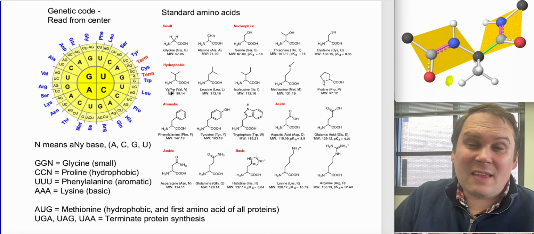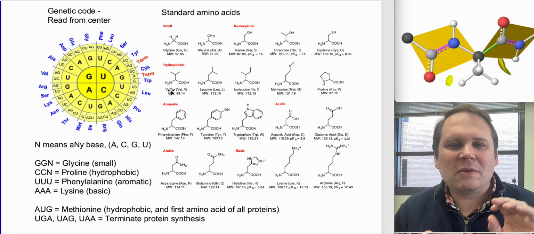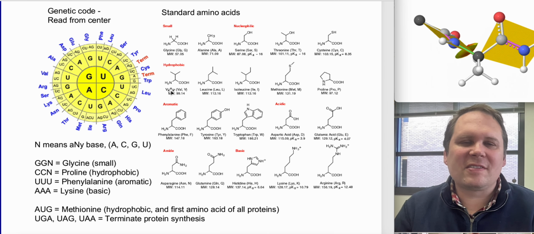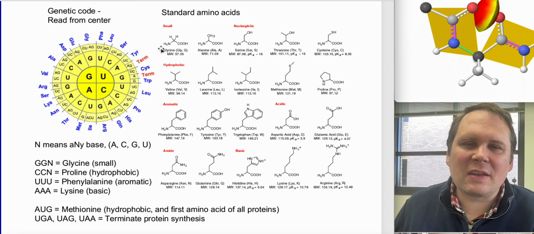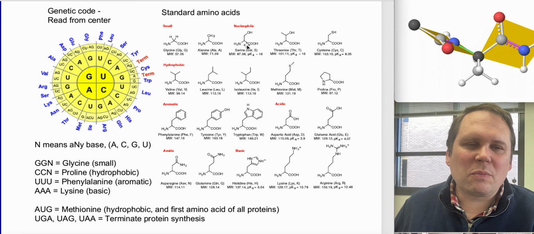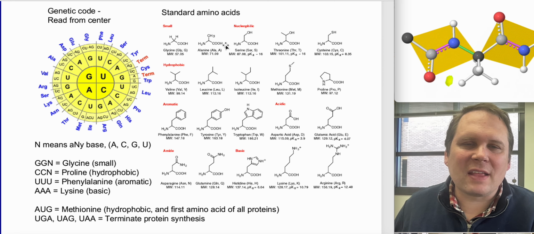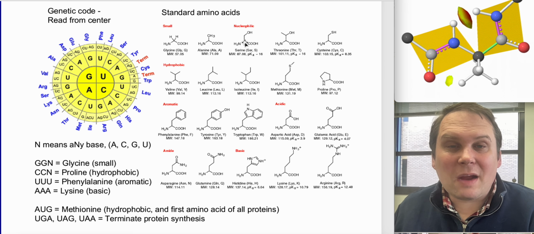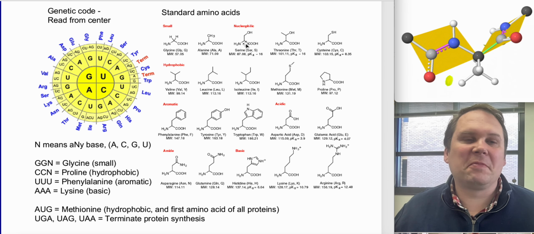So valine, and we're categorizing them, so all amino acids have the same backbone, but they have different side chains. The backbone is shown down here at the bottom. It's got a nitrogen at one end and a carboxyl at the other end, so it's got an amine end and a carboxyl end. In the middle, it has a carbon that's going to be attached to something.